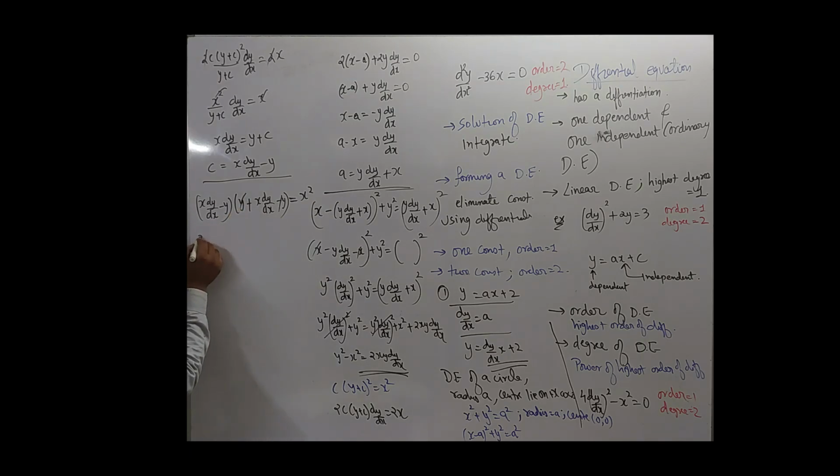So here we have (x dy/dx - y) and x dy/dx equal to x². One x gets cancelled. You can multiply dy/dx inside. So x(dy/dx)² - y dy/dx = x. This is the required differential equation for the given equation.